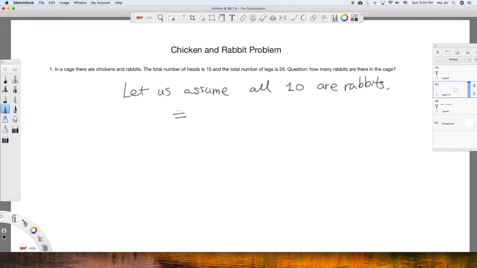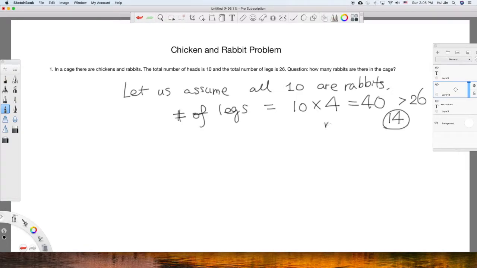Then the total number of legs equals 10 times 4, right? That's 40. That's definitely bigger than 26. By how much? We need to reduce 14 legs. All right? Need to reduce 14.